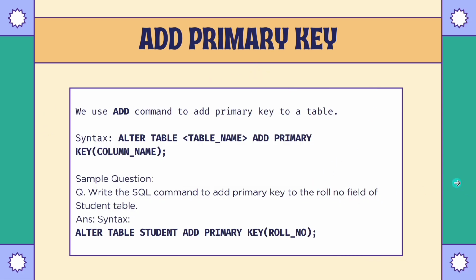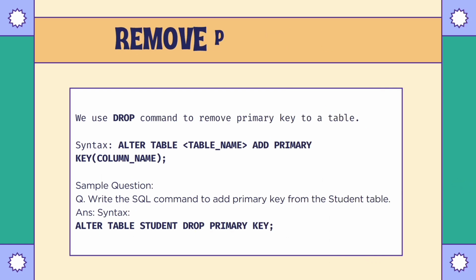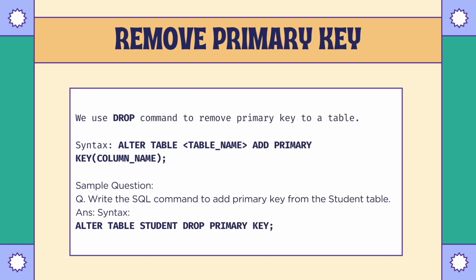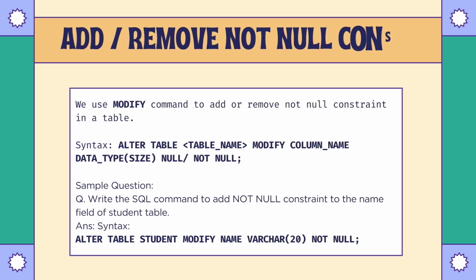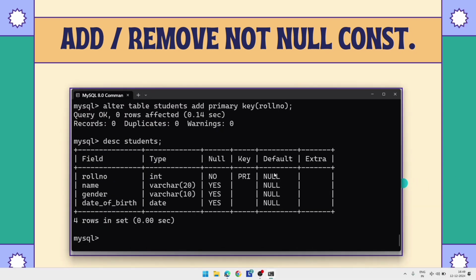This is the note. You can pause the screen and write it in your copy. And for removing also, this note will be required. Now adding or removing a not null constraint. You will see here in null all are given as yes. Suppose I want to make name compulsory, I want to make it not null.